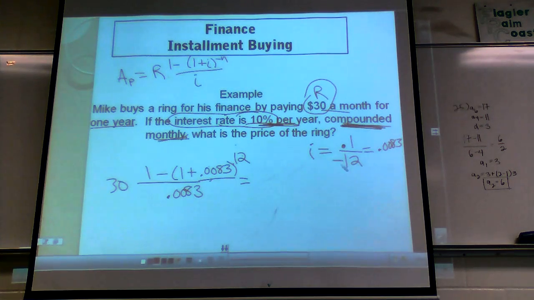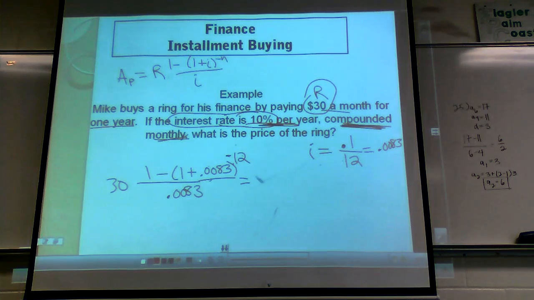All right, so working slowly on these. 1 plus 0.0083 raised to the negative 12, sorry, not positive 12.